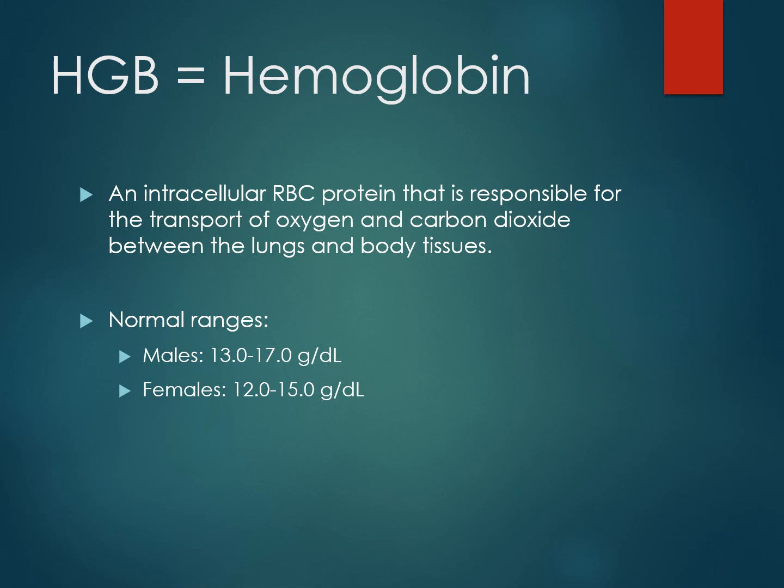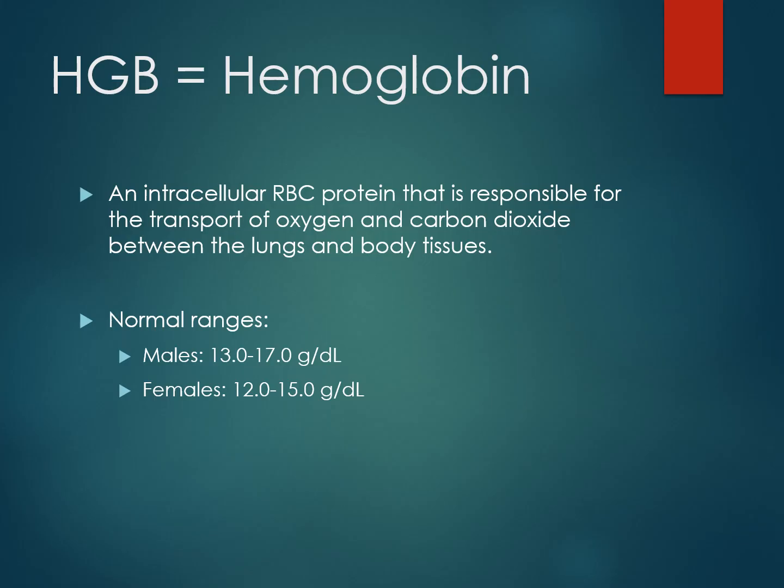Now, we've kind of already briefly gone over this, but in order to understand what we're looking at when we perform analysis, we must be able to recognize the normal from the abnormal. So knowing normal ranges is vital to being a good analyst. Our normal ranges for hemoglobin in males is 13 to 17 grams per deciliter of blood.